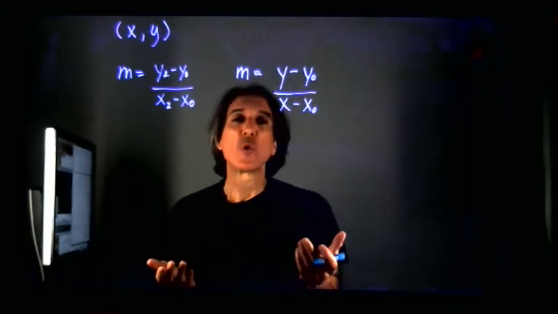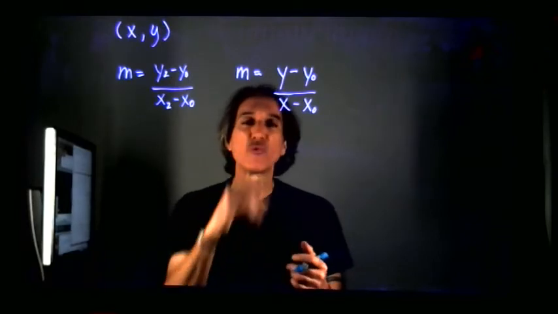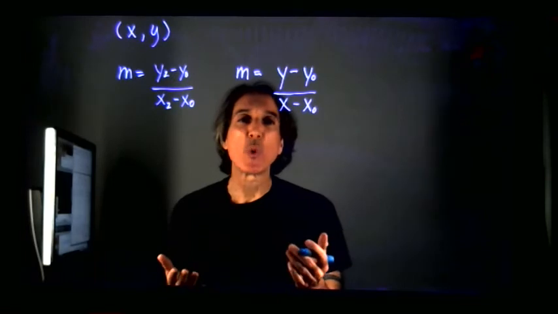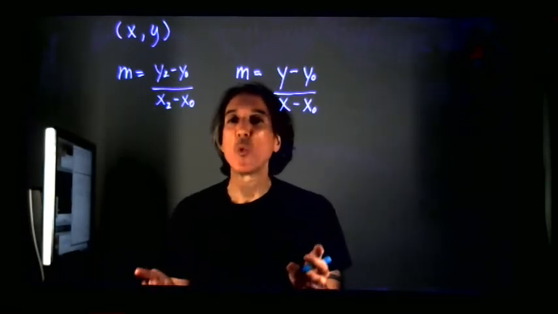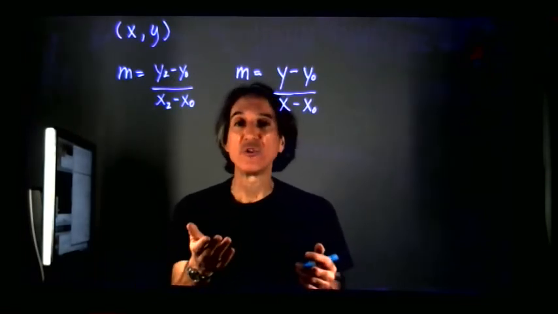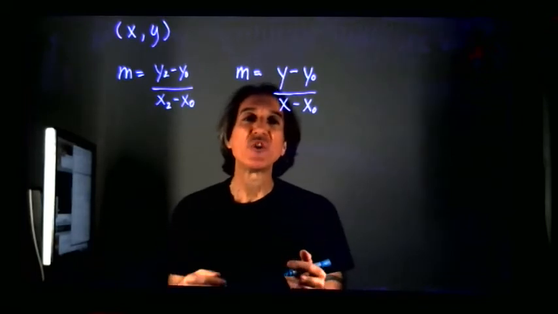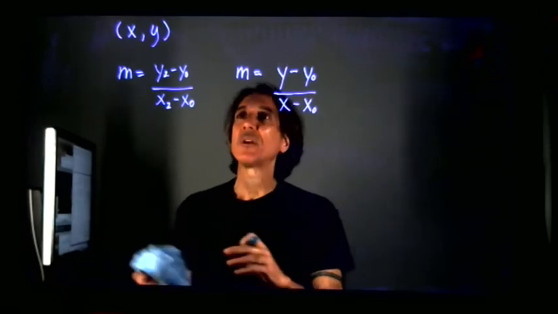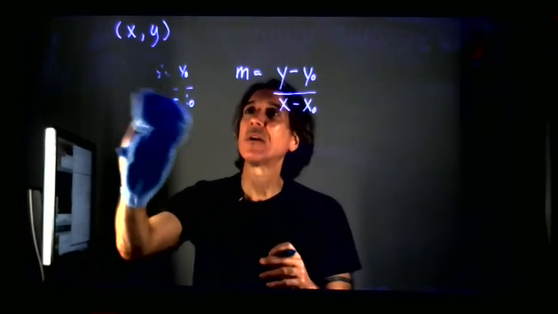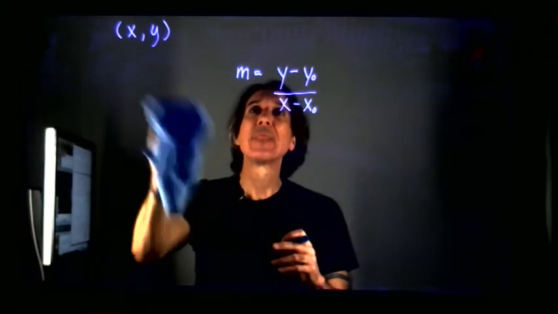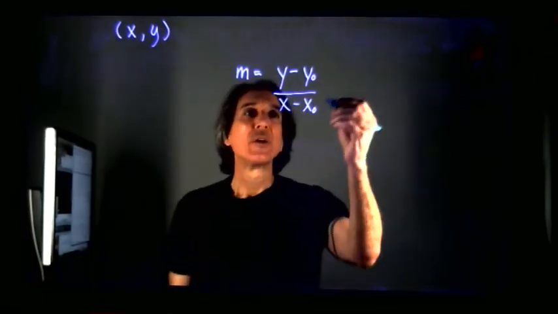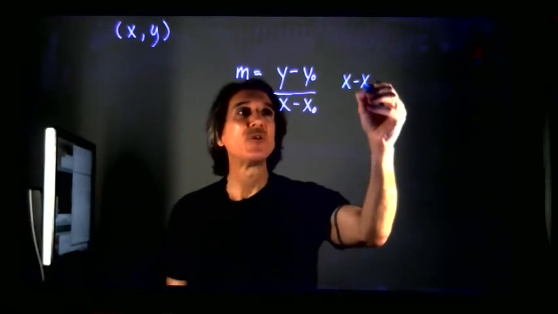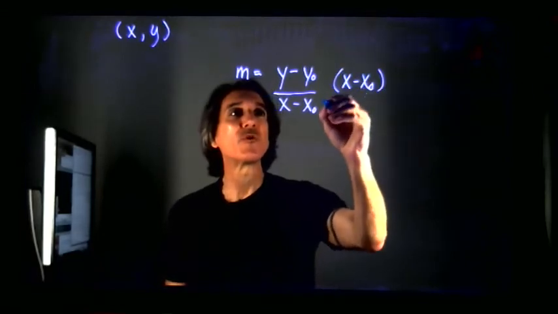We know from solving equations that we can manipulate this relationship algebraically, and we can produce a general equation that represents any change in y relative to y0 from any change in x relative to x0. So if we take a look at this, let's get rid of this portion here. I'm going to choose to multiply both sides by x minus x0, and I'm going to put parentheses around that.